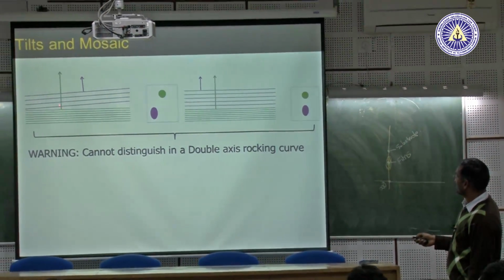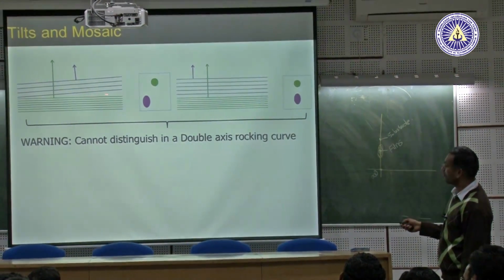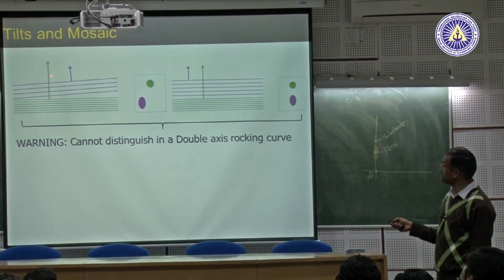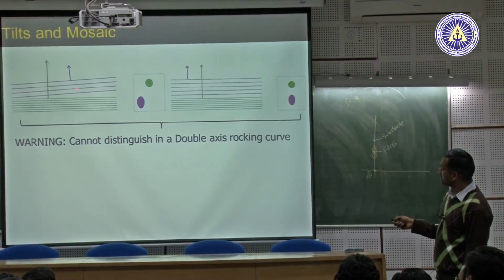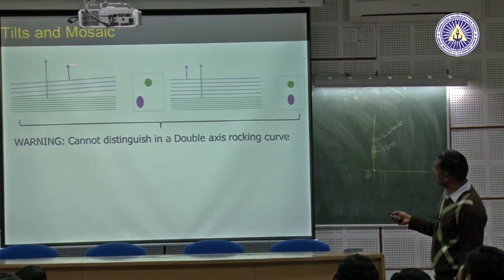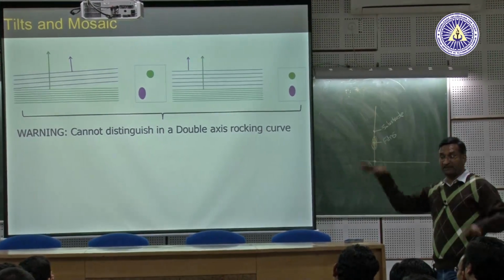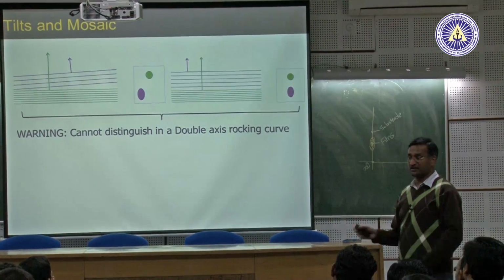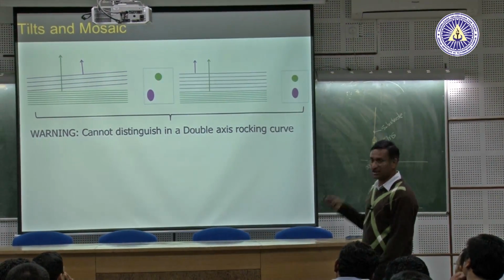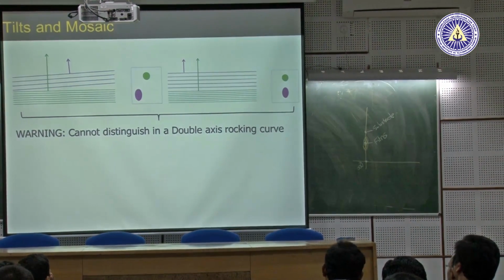However, when you have variation in the d spacing, apart from having a tilt, which means the planes of the films are tilted by some angle to the planes of the substrate, then not only will you get a shift in this direction, you will also get a lateral shift, because the crystallographic vectors are now misaligned. As a result, you will have little misalignment between the spots in the reciprocal space.